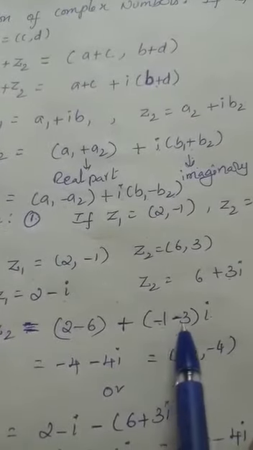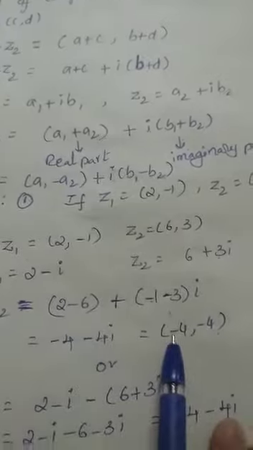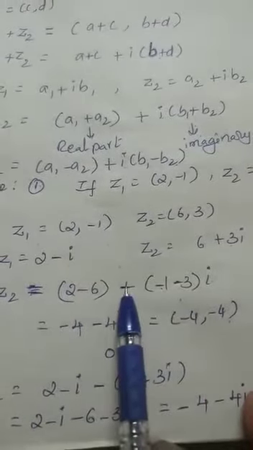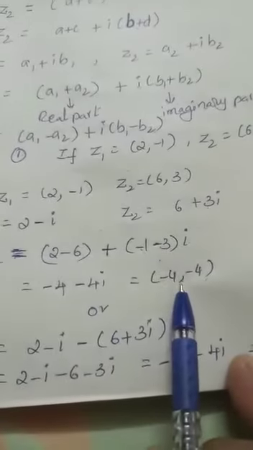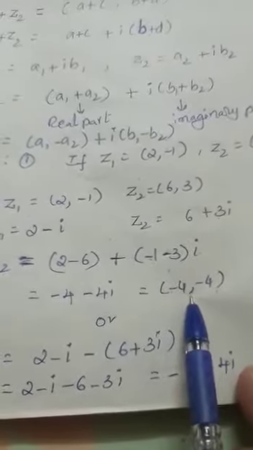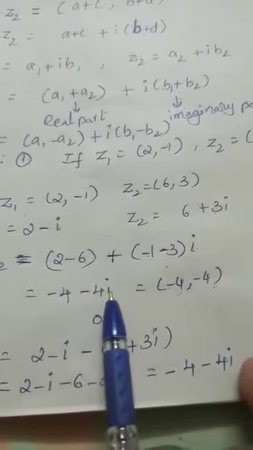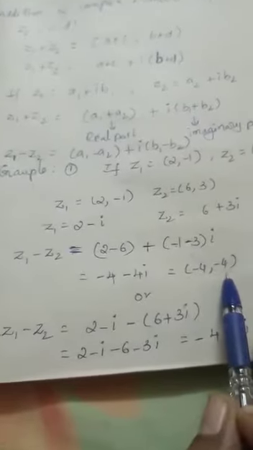So what is minus 1 minus 3? Minus 4. And 2 minus 6 is also minus 4. So if you write as ordered pairs, this can be written as minus 4 is real part, comma imaginary part also minus 4. So the answer is minus 4, minus 4.